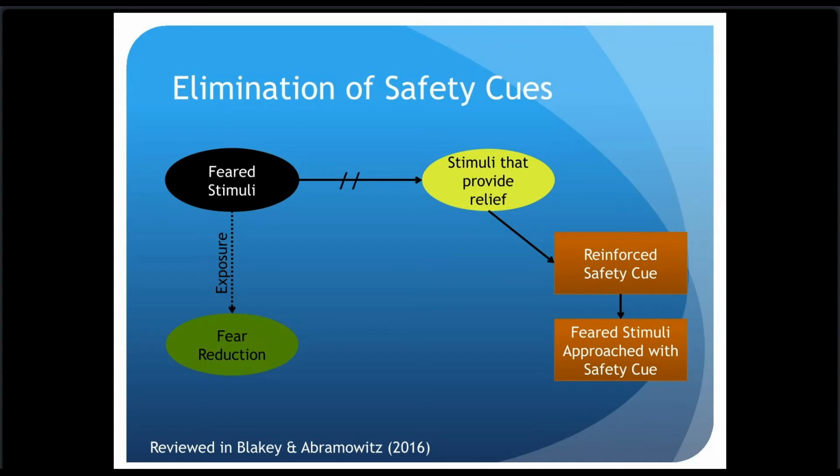A really subtle one that another colleague alerted me to was someone who was fearful of heights and was building up the hierarchy, and got to a point where they were walking over a bridge with this clinician. And while they're walking over the bridge and going higher and higher in the incline to the peak of the bridge, the person has their hand in their pocket and they're rattling some change.